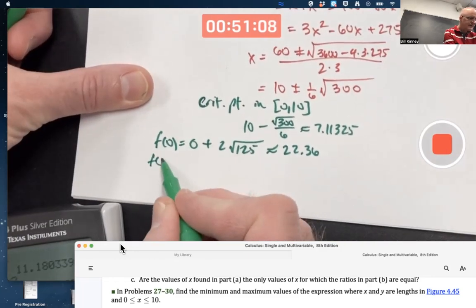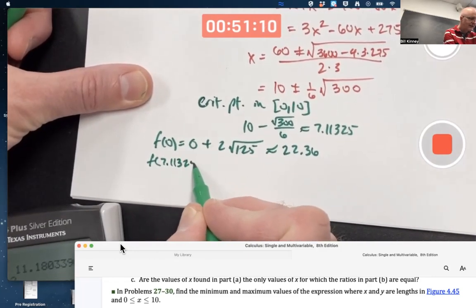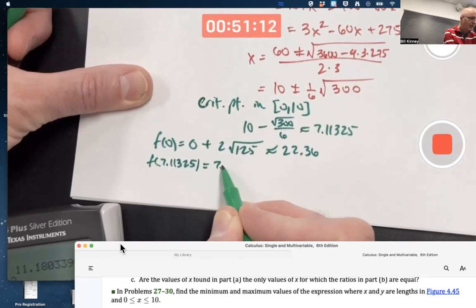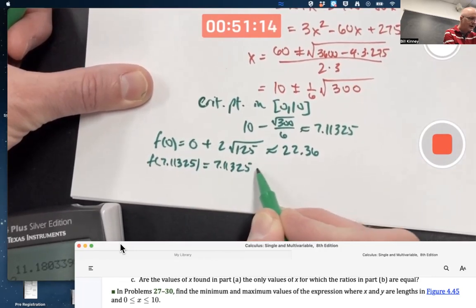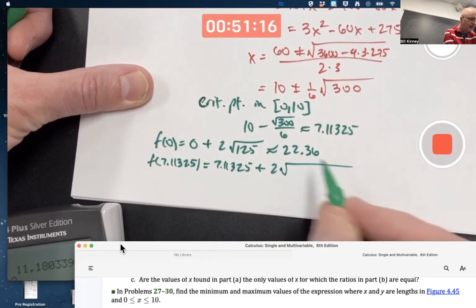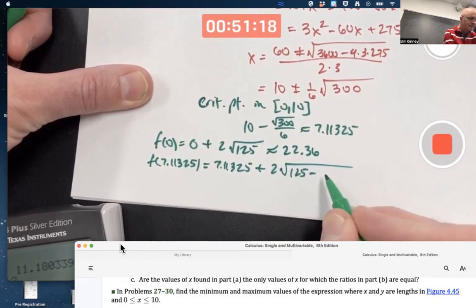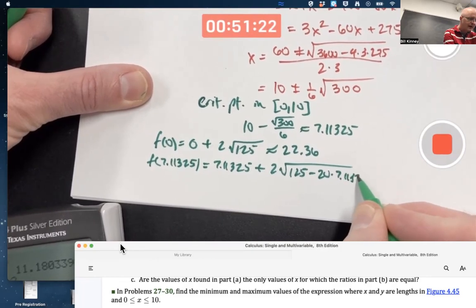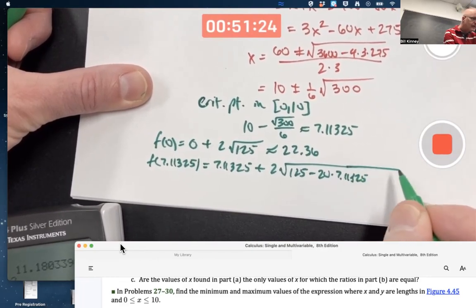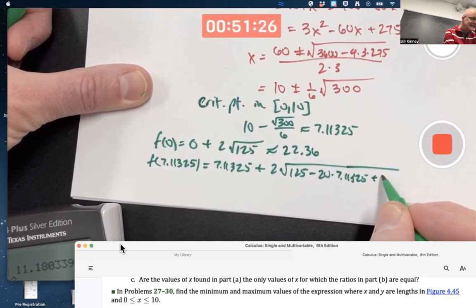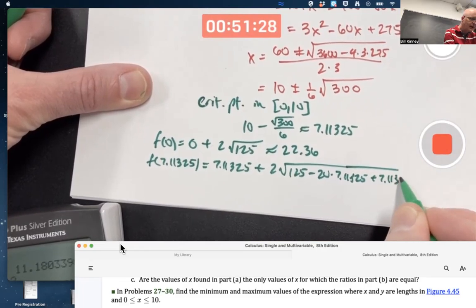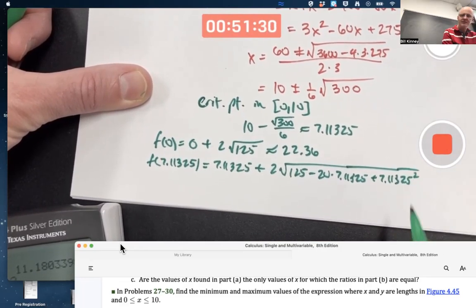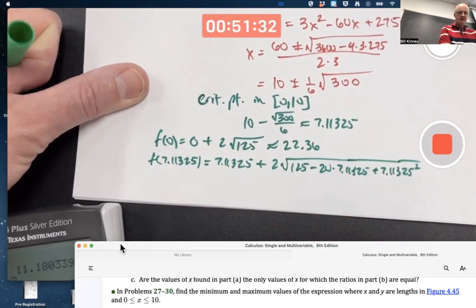F of the critical point, 7.11325, that'll be 7.11325 plus 2 times the square root of 125 minus 20 times 7.11325 plus 7.11325 squared. I'm using the formula for F when I write that down.